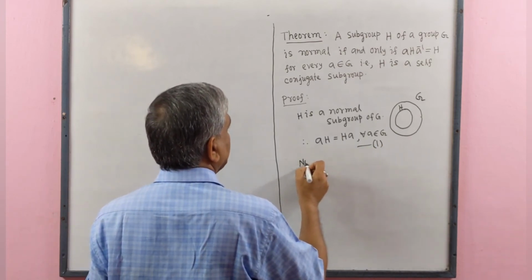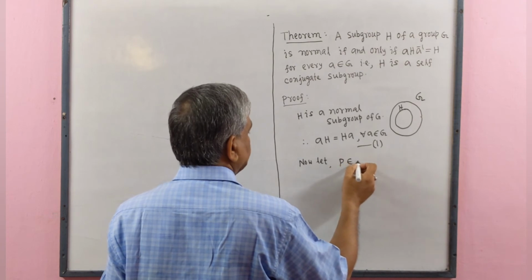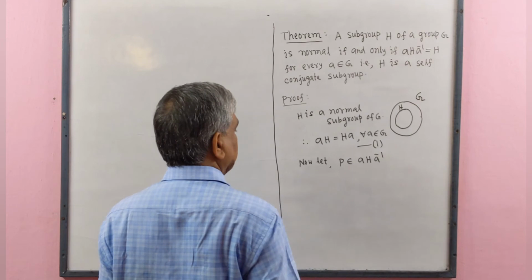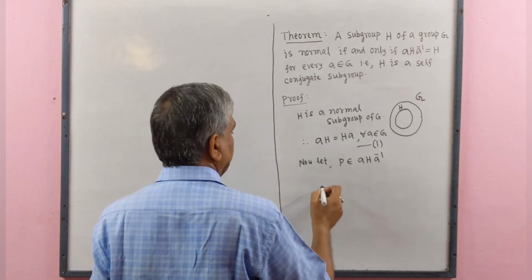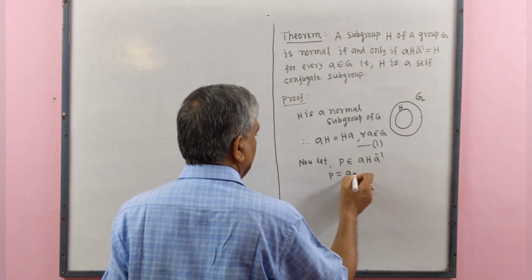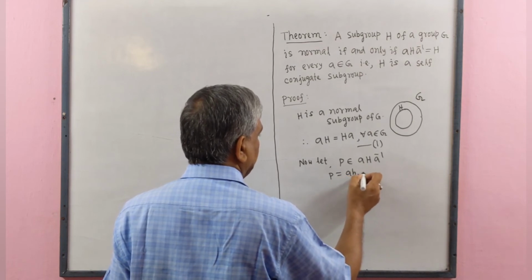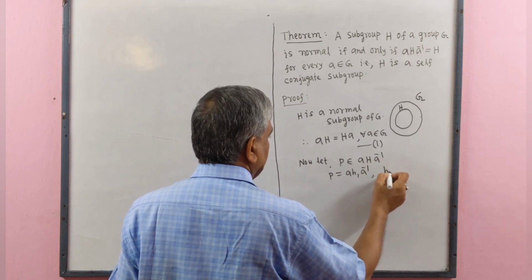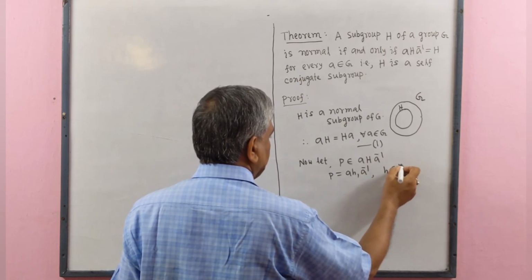Now let p belong to aHa⁻¹. Therefore, the structure of p will be of the form a h1 a⁻¹ for some h1 belongs to capital H.